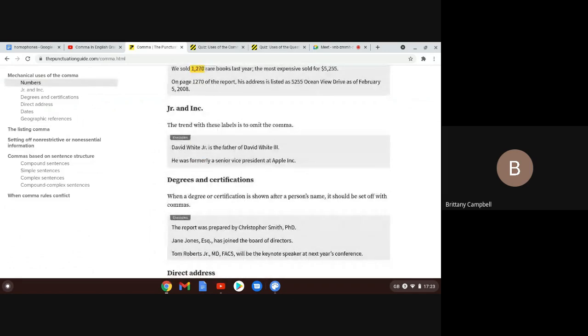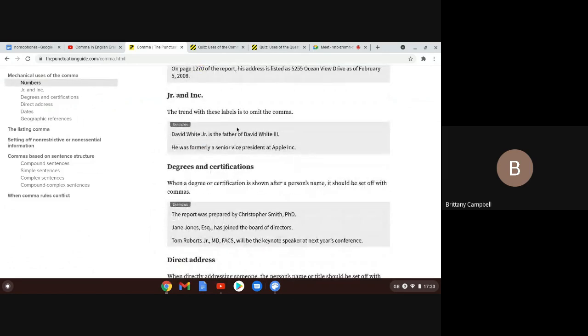All right. You also use it. Look at this, Junior and Incorporated. So the trend with these labels is to omit the comma. You realize this? Here they omit the comma, and I'm pretty sure that you're able to see other abbreviations like these.